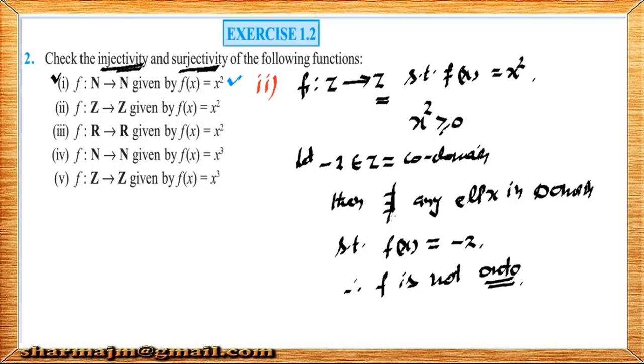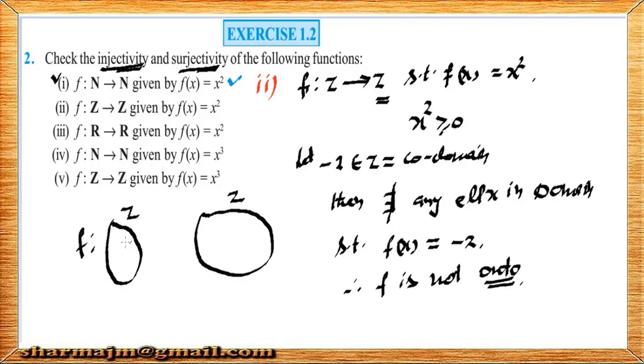We see its diagrammatic view. Here we have Z, here also codomain is Z, f is a function from Z to Z. So this function is defined as f of x is equal to x square. So here in codomain, this function is sending to the elements which are non-negative.